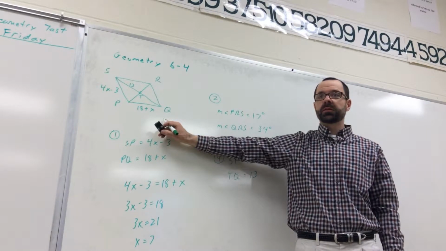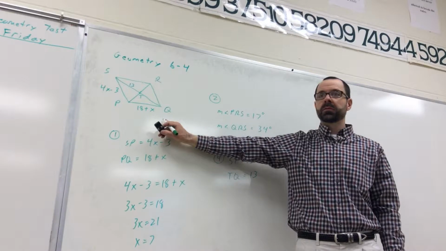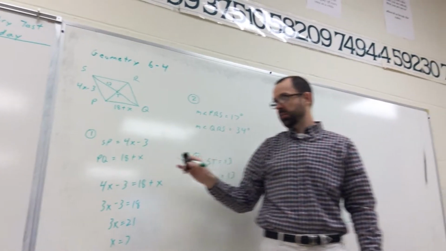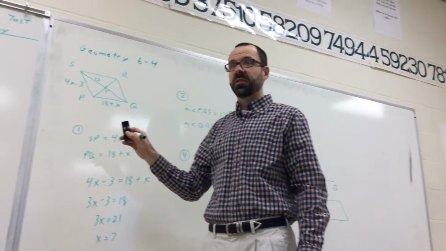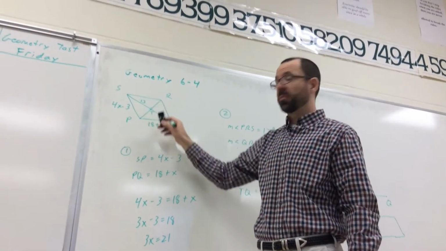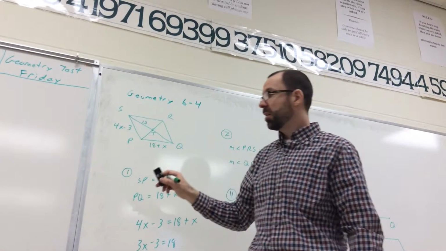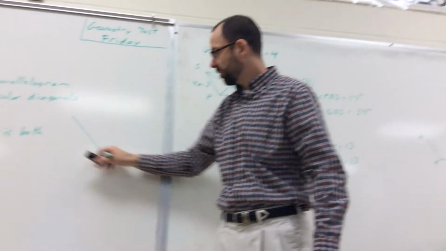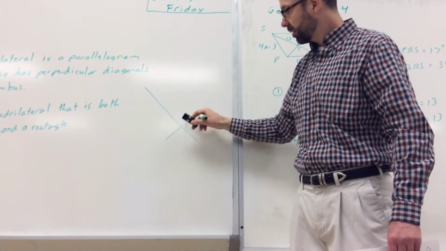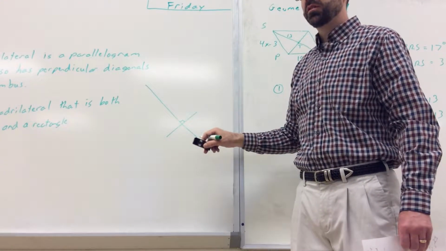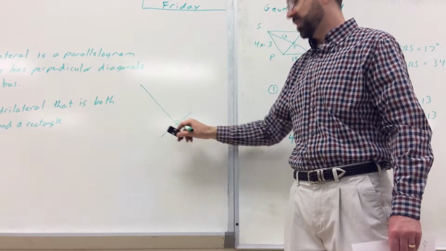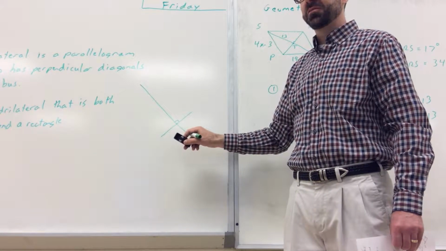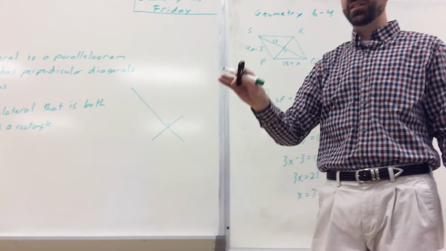Yes? It's perpendicular, so isn't that the midpoint? Yeah, you are correct, it's perpendicular, because on a rhombus there's a 90-degree angle there. But I could draw a couple of perpendicular lines where this would not be the midpoint. So that was great thinking.